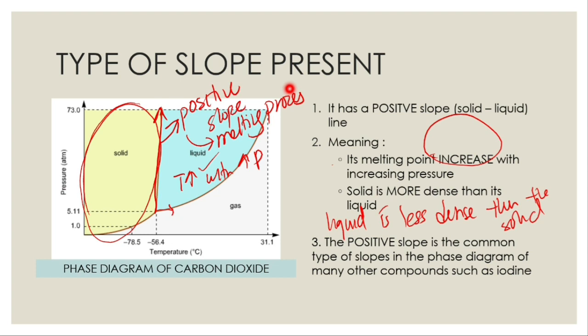So the type of slope present will determine which phase, solid or liquid, is denser. Secondly, it also shows you the melting point, either increasing with increasing pressure or decreasing with increasing pressure.